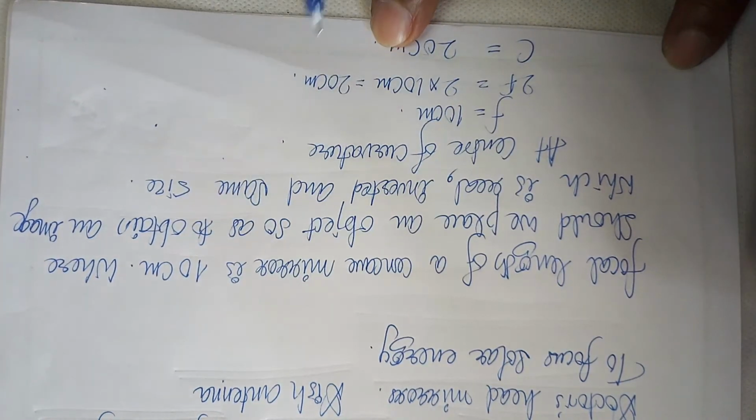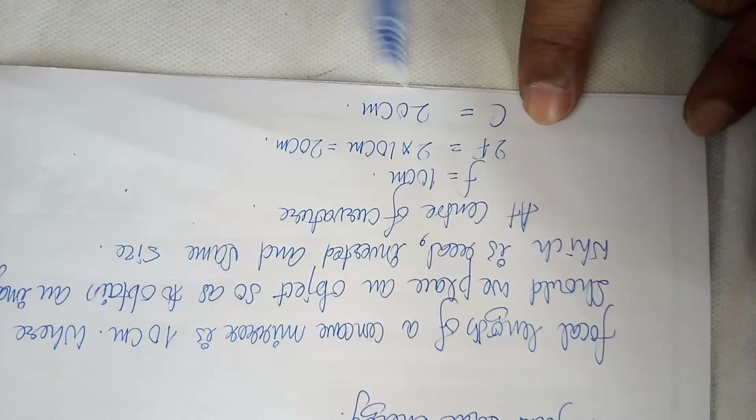You know that at the center of curvature we will get the image which is inverted, real and of the same size as the object, only when the object is at the center of curvature, and the image is also formed at the center of curvature.